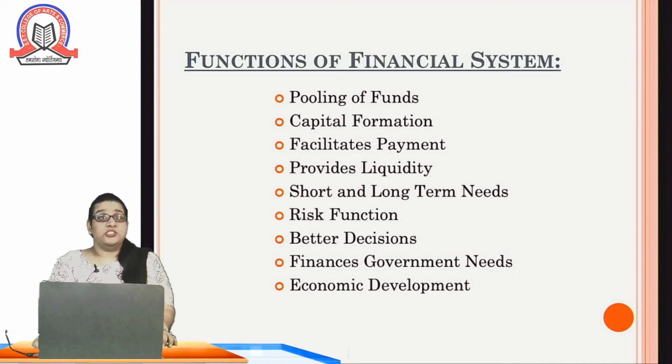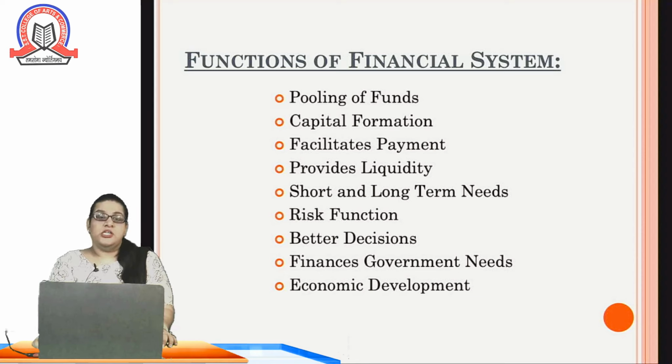The financial system also helps governments. The government needs capital for infrastructure facilities and for different government projects. So the financial system helps the government sector for infrastructure development and for the welfare of the society.